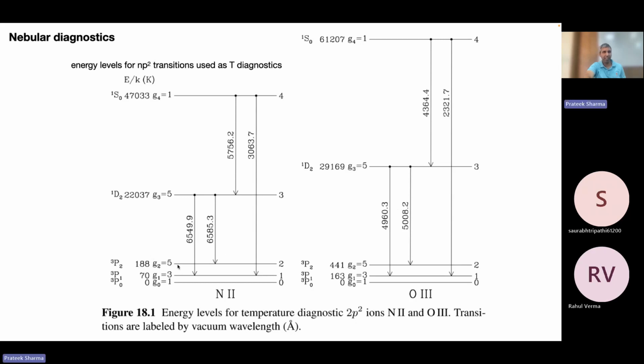You see there are 3P states and 1D and 1S state. The arrangement is the same: 3 here, 1 here, 1 here. The energy values are different because that depends on what type of nucleus you have.